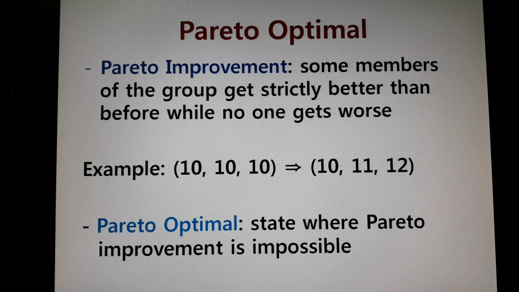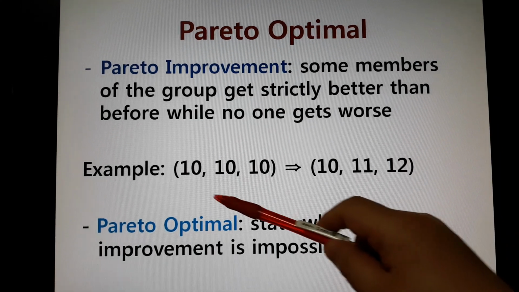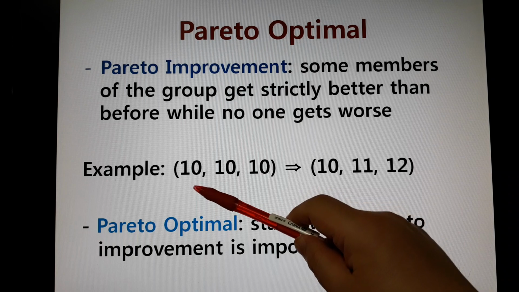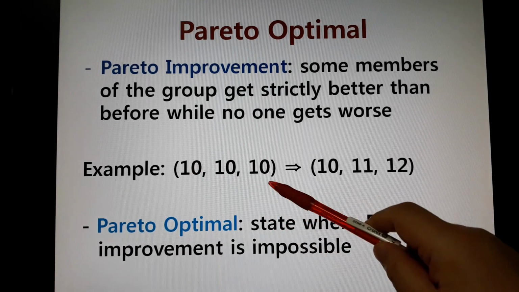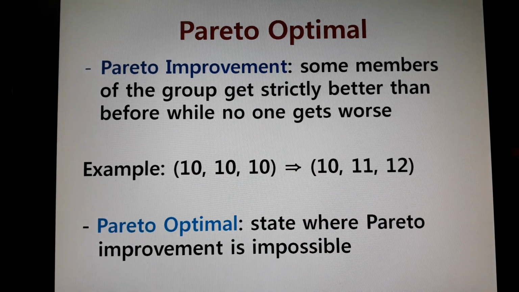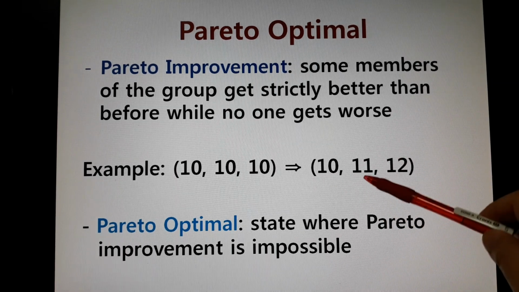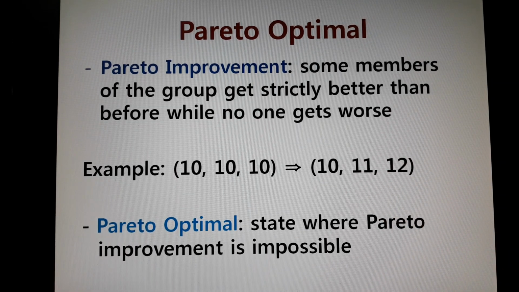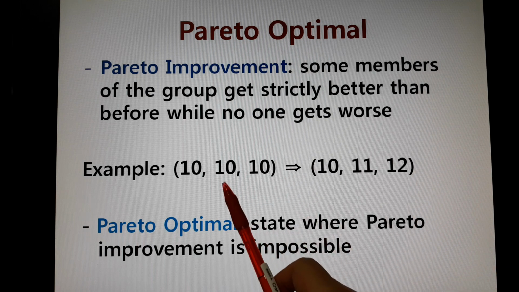Pareto improvement is when some members of the group get strictly better than before, while no one gets worse. This is an example. There are 3 members who get $10, $10, $10, and in the new situation, it's $10, $11, $12. The second and third persons get better than before, 10 and 10.